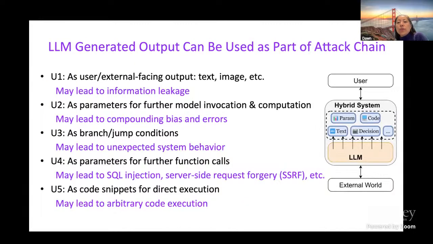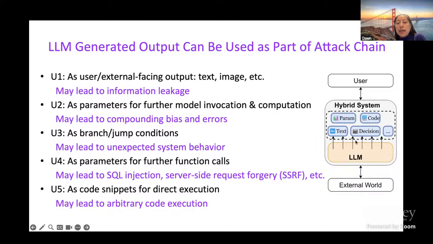So here we focus on, with the hybrid system, in particular, attacks related to large language models in contrast to traditional systems. And in particular, given that the large language model here is used as intelligence in the system, when taking various inputs, it can produce different types of outputs.